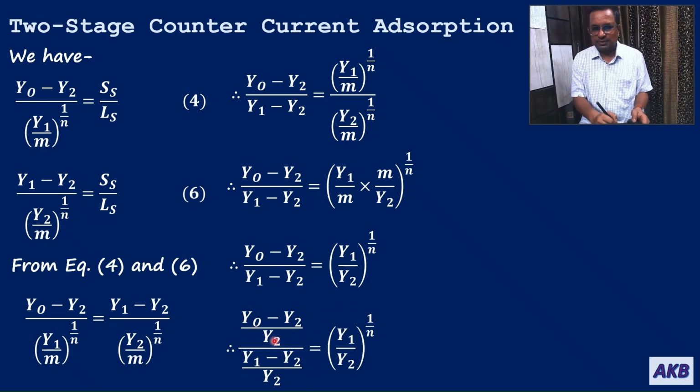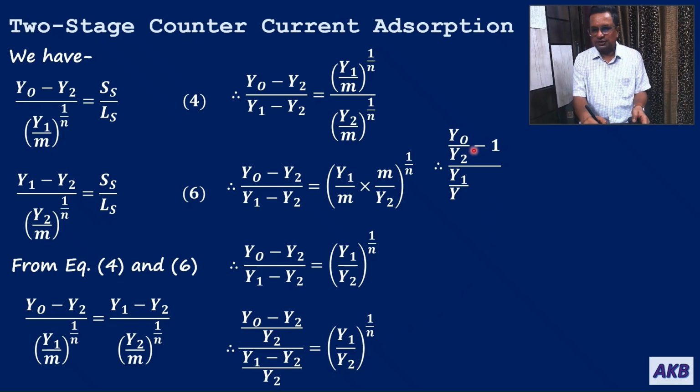So I'll divide by capital Y2. So it will be (capital Y0 minus capital Y2) upon capital Y2 divided by (capital Y1 minus capital Y2) divided by capital Y2, that is equal to (capital Y1 by capital Y2) raised to 1 by N.